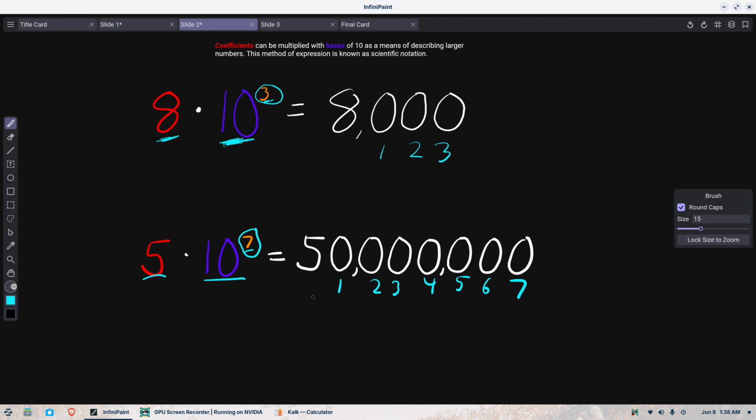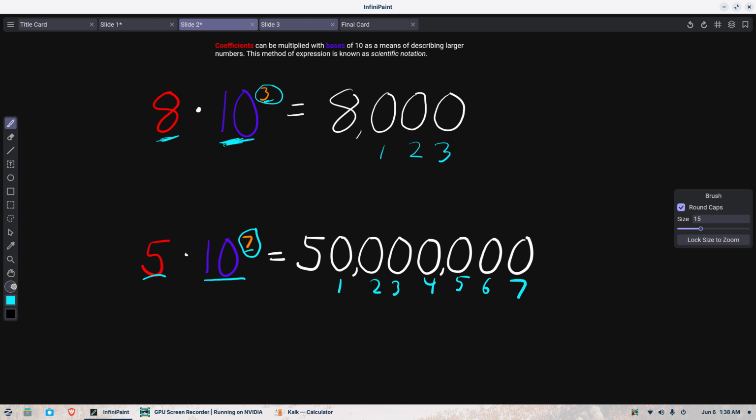And you may see this and you might think that converting numbers that appear in scientific notation is as simple as just adding zeros to the end of it. But this isn't necessarily the best way of thinking about it.